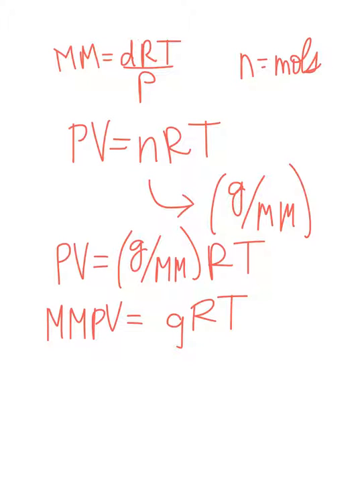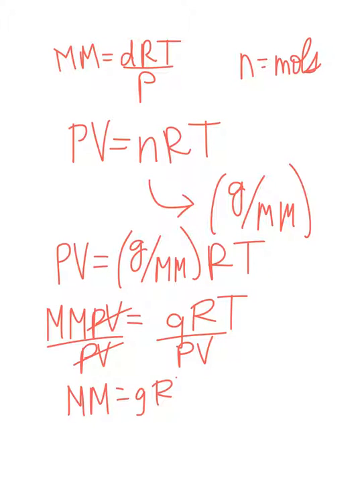And then let's isolate the molar mass by itself. So let's divide by P and V on both sides. So that crosses out there. Therefore, molar mass equals gRT over PV.